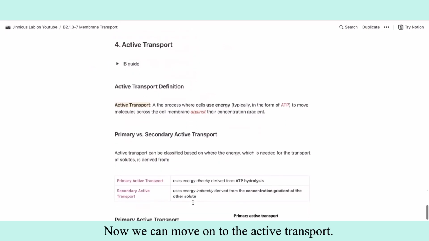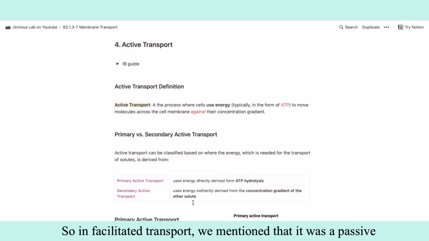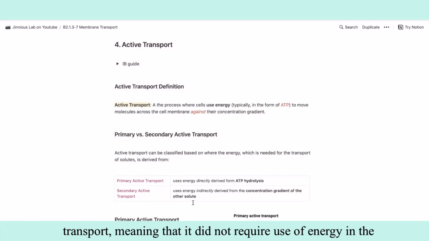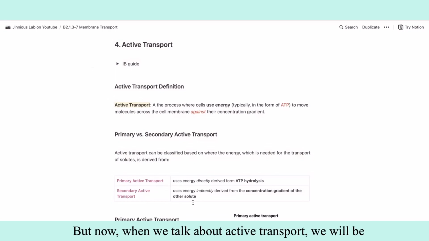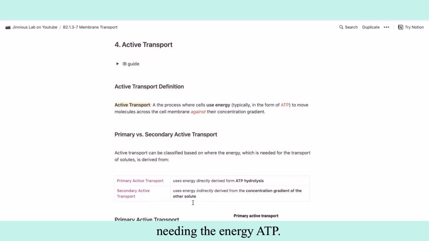Now we can move on to the active transport. So in facilitated transport, we mentioned that it was a passive transport, meaning that it did not require use of energy in the form of ATP. But now, when we talk about active transport, we will be needing the energy ATP.